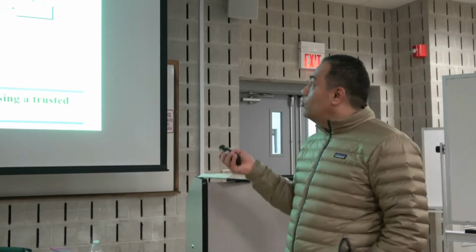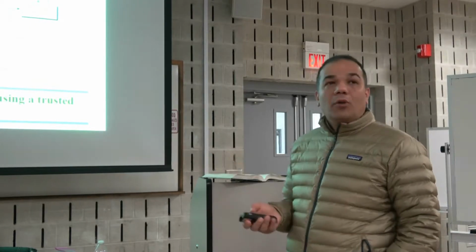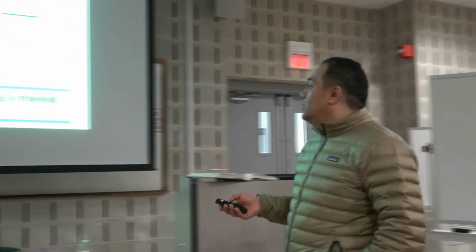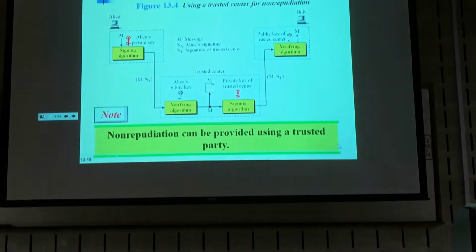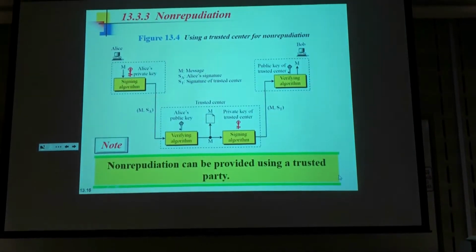Or it could be encrypted with a shared key, a shared key between Alice and Bob. So that's a different issue. Remember, in digital signature we said it could provide three services except one, which is confidentiality, which you need to have separately. So non-repudiation can be provided using a trusted party.